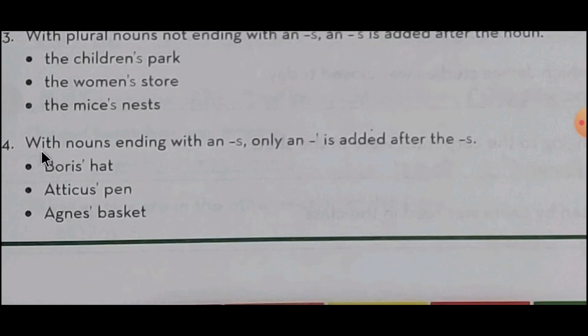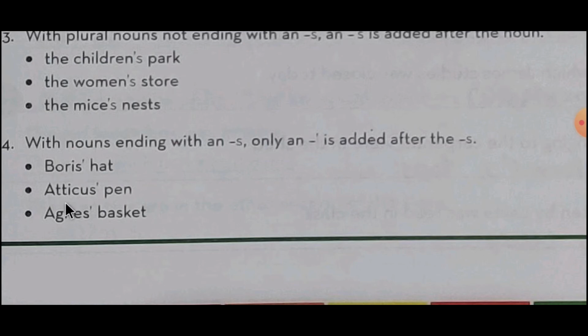The fourth one is with nouns ending with s, only apostrophe is added after the s. Now here, if the nouns have the last alphabet as s, we have to just put the sign of apostrophe. That is the rule, the same as for plural nouns. So here a few names are there.